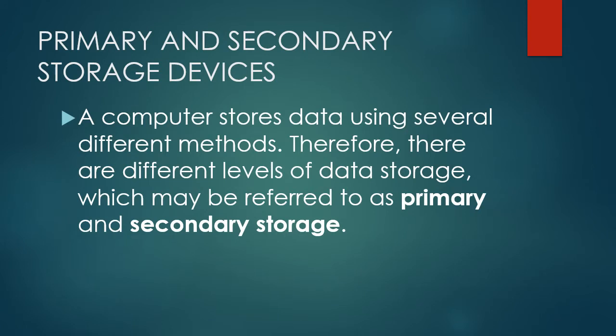Now these storage devices are of two types: primary storage device and secondary storage device. Let's see. A computer stores data using several different methods. Therefore, there are different levels of data storage, which may be referred to as primary and secondary storage.